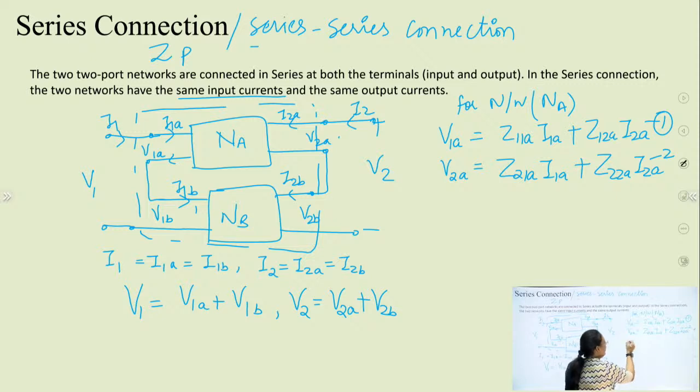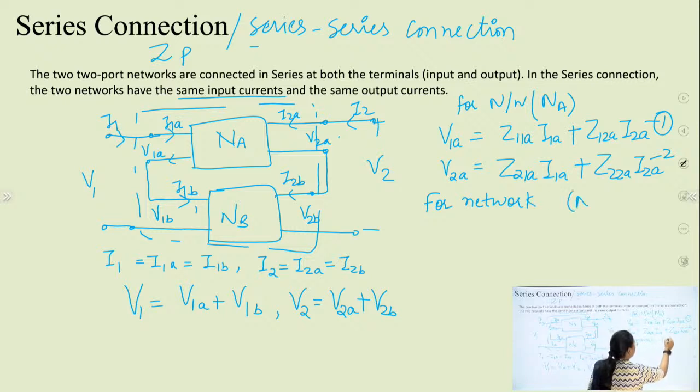Now, similarly I can write the equation for network B in terms of Z parameters. For network A it is NA, so for network B I am using the suffix small b.